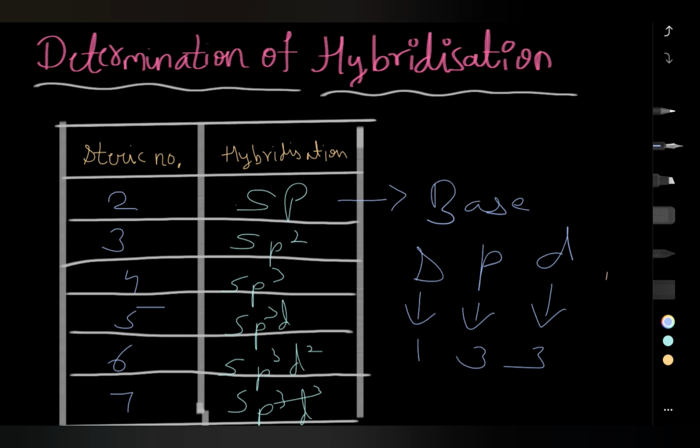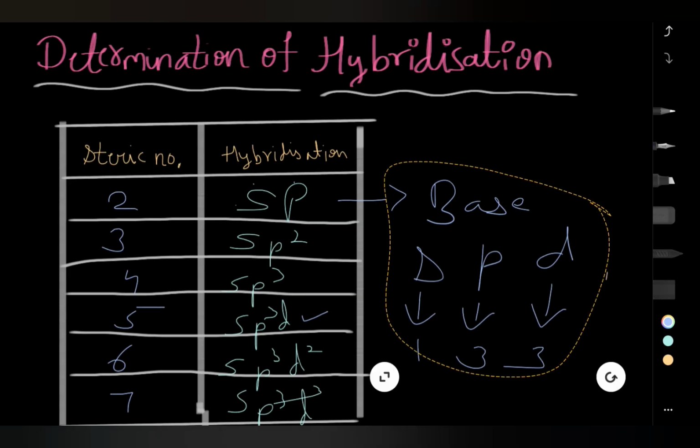For 2 it is sp only, s1 p1. At 3 it is sp2, s1 p2. At 4 it is sp3, and p3 is filled at 4. So at 5, if I move, it is sp3d. One more steric number is remaining, so for 6 it is sp3d2. This is the way to remember this.